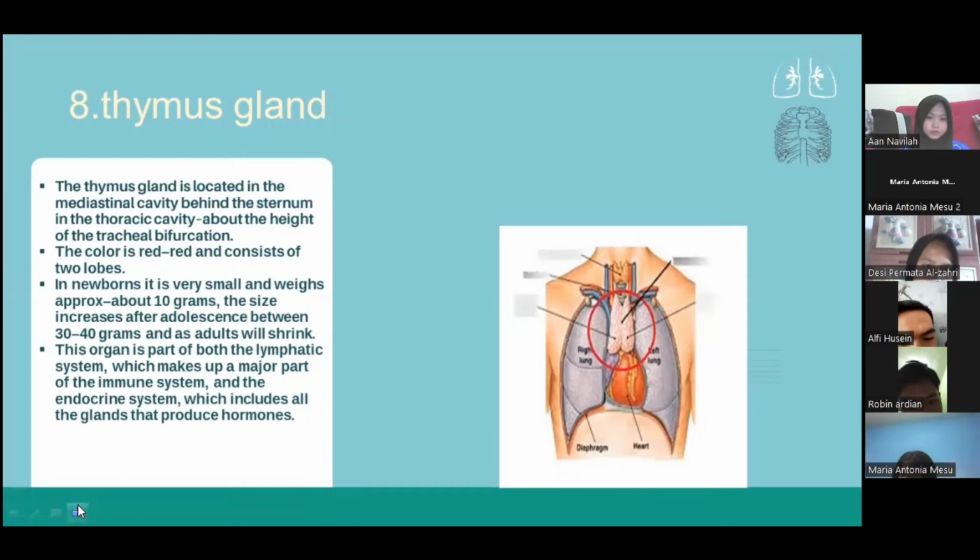This organ is part of both the lymphatic system, which makes up a major part of the immune system, and the endocrine system, as the gland produces hormones.